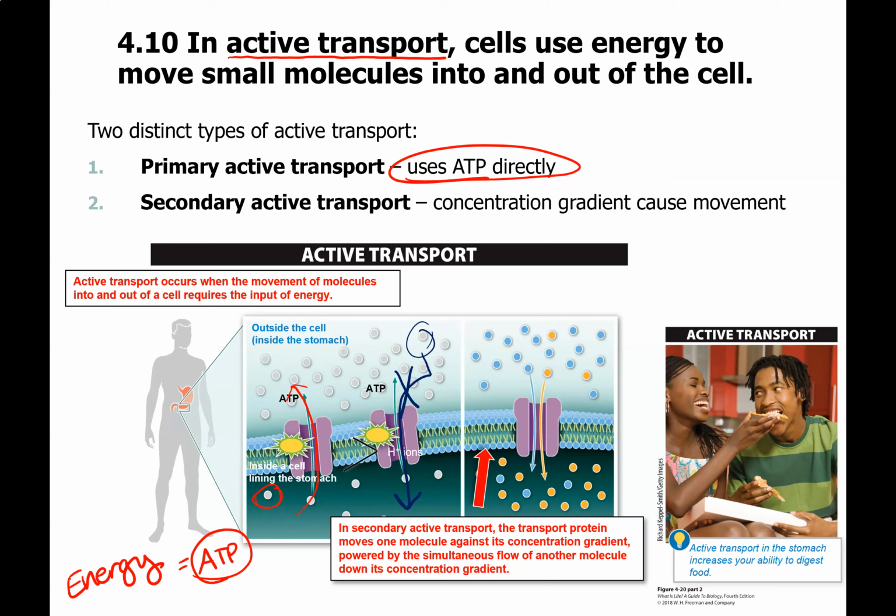So the use of ATP provides energy to power the movement of these molecules from low concentration to high concentration. Now we're actually going to just ignore the secondary active transport for now. I just want you to know that active transport requires energy, and the purpose is to move against the principles of diffusion, or against that concentration gradient.